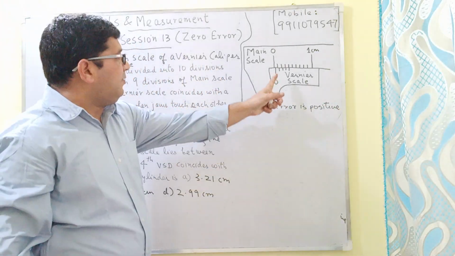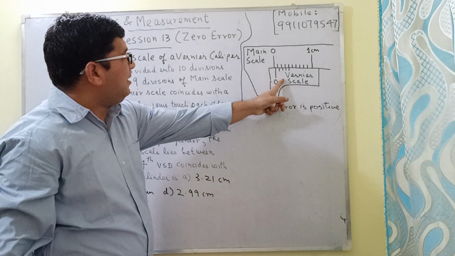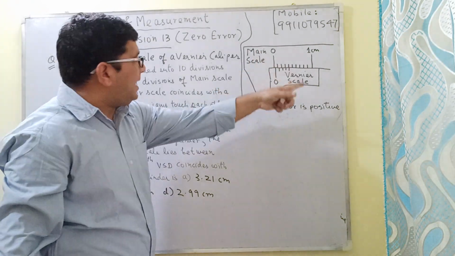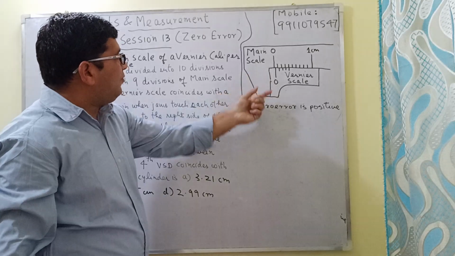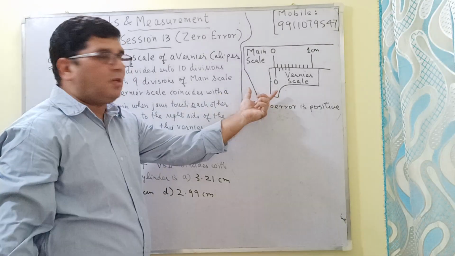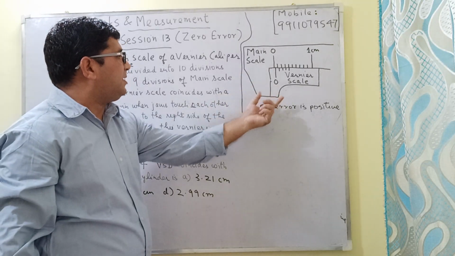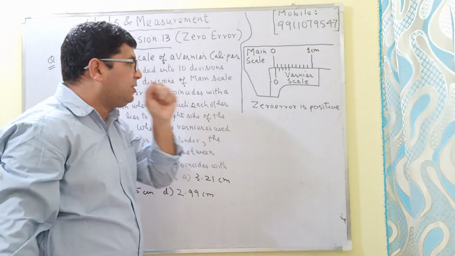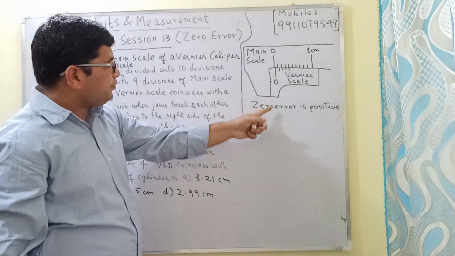Zero error is positive when the zero of the vernier scale is on the right side of the zero of the main scale when both the jaws, that is the jaw of the main scale and the jaw of the vernier scale, are brought in contact with each other.